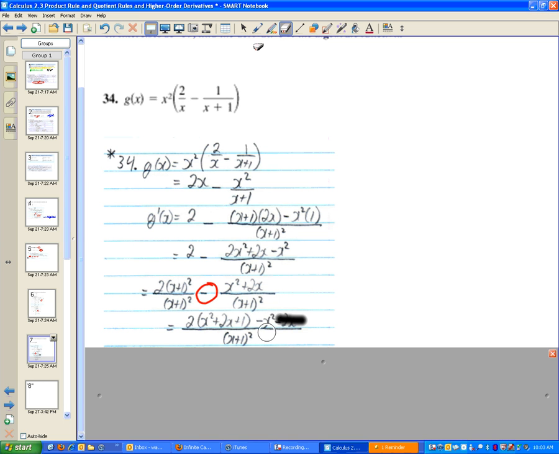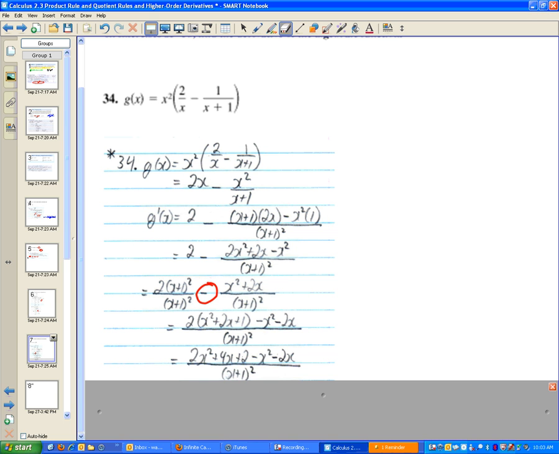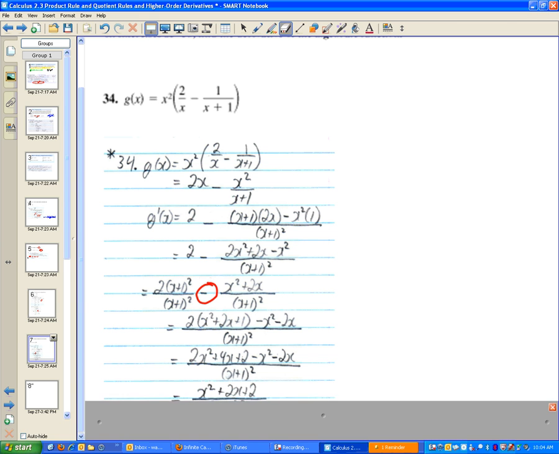Let's make that minus x squared minus 2x. Almost done. 2 more steps. Distribute the 2. 2x squared plus 4x plus 2. Everything else just gets copied down. And combine like terms. When you combine like terms, what's your numerator now? X squared plus 2x plus 2.